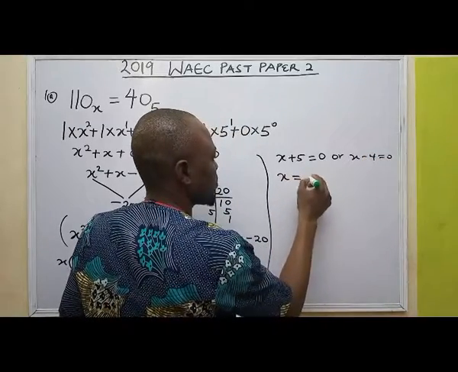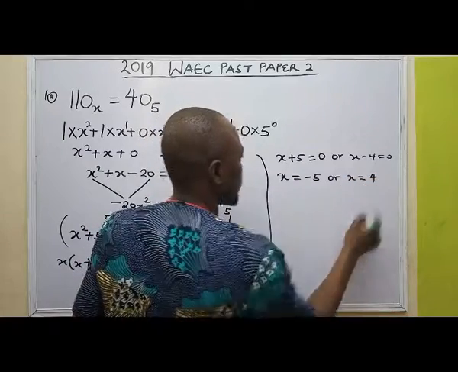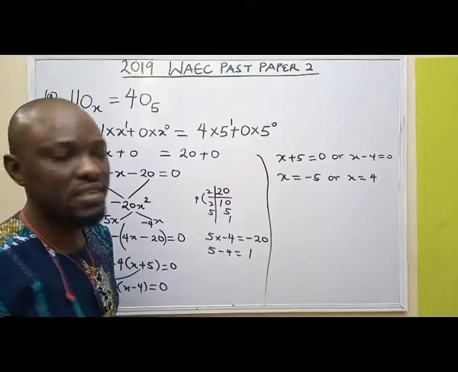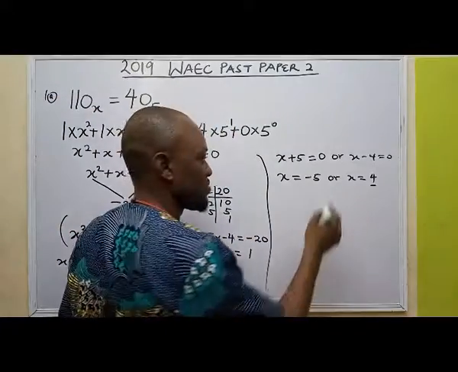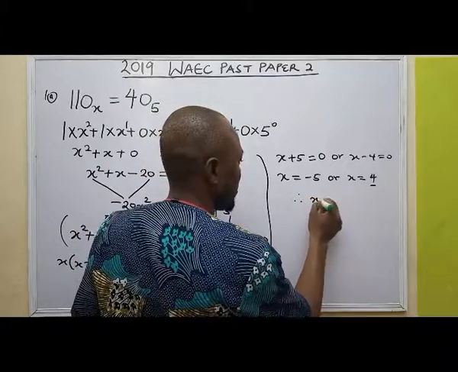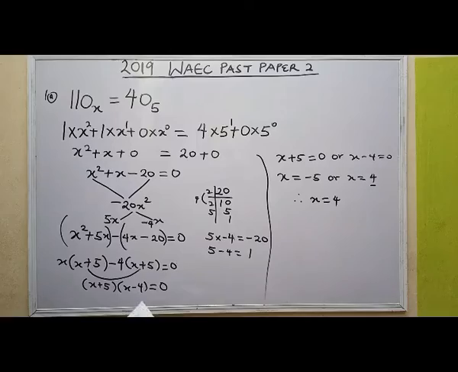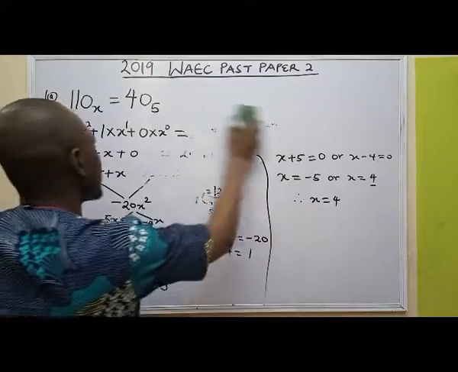So x will be equal to minus 5, or x equals 4. The question says find the value of x. So we're going to take the positive value of x, which is 4. So therefore, x is equal to 4. So that's the solution for 1a. We're going to solve 1b now.